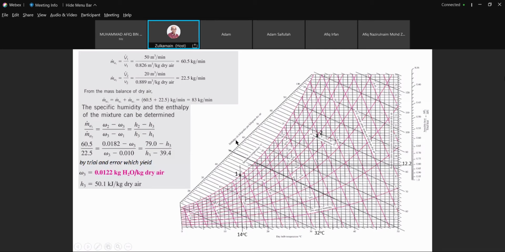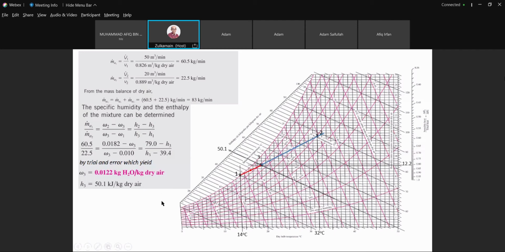And then based on the plotting of our enthalpy value, we are going to have this intersection. So this represents state 3. So the mixing process, we are going to combine from 1 to 3 and then 2 to 3. Okay, so that is the combination. From state 2, combine state 1, we are going to have state 3. That's the end of our process.